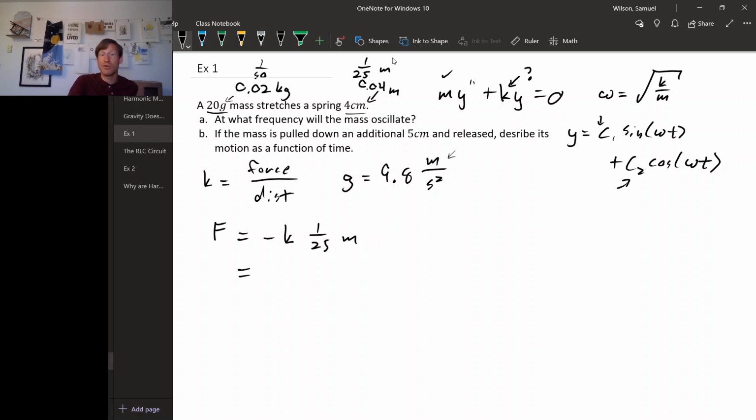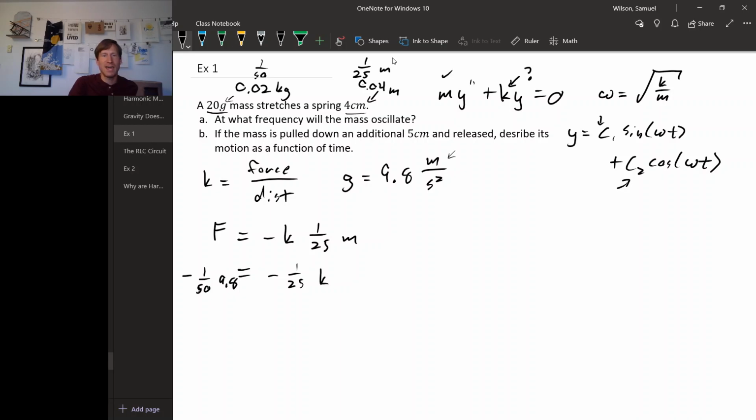But the force that's doing that stretching, so minus 1 over 25 k, is gravity, and gravity is acting downwards, so we need a minus sign, and the force due to gravity is mass times g, so mass is 1 over 50, and g is 9.8 meters per second squared.